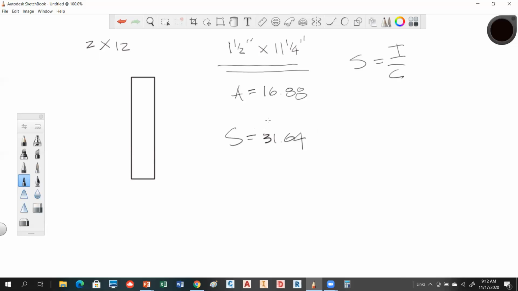So you could calculate that. Actually, it gives you the I as well. So all that stuff is coming from that chart for that 2 by 12, the moment of inertia. So if you took 178 and divided it by half of 11.25, you're going to get this 31.64. So this is going to be a real time saver, okay?